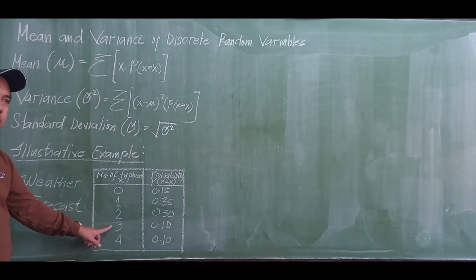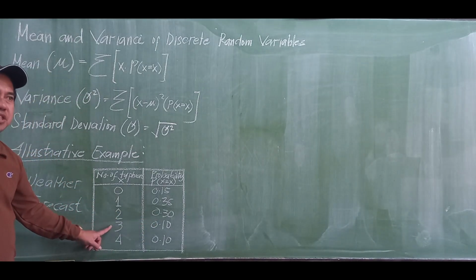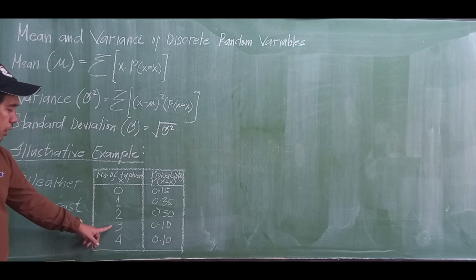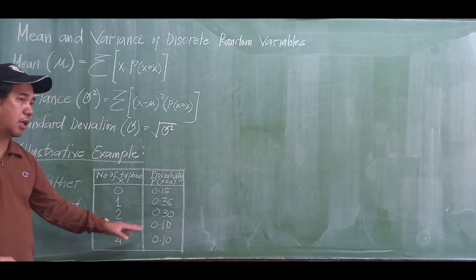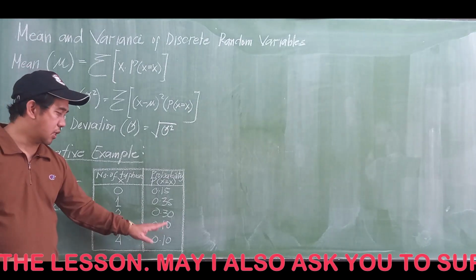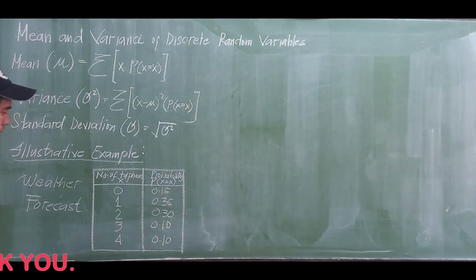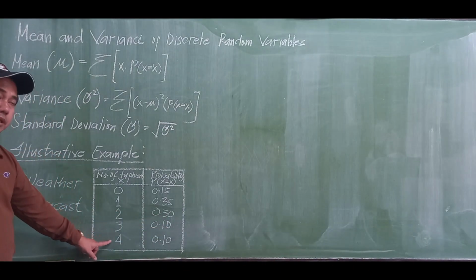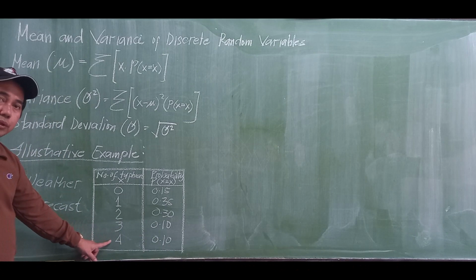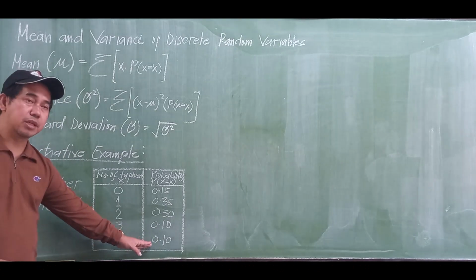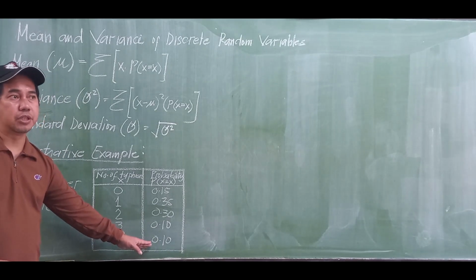We also have 3 typhoons in a month, with a probability of 0.10. And again, 4 typhoons in a month with the corresponding probability of 0.13.